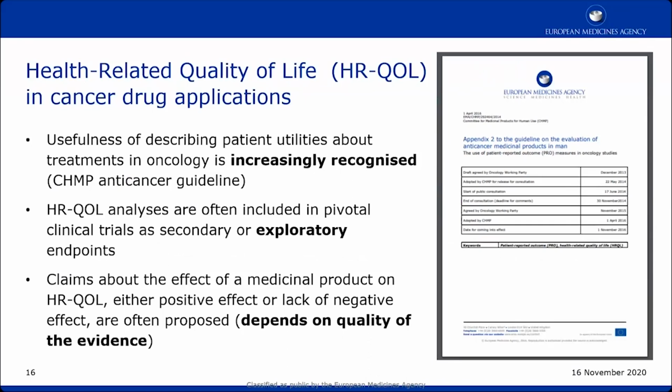Now, turning the page to another endpoint that features more and more prominently in our discussions is health-related quality of life. I say discussions rather than approvals because if you look at our approvals, and I've shown the graph in the beginning, quality of life endpoints are still the absolute minority when it comes to the primary efficacy endpoint.